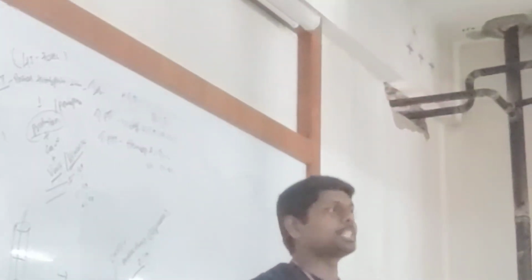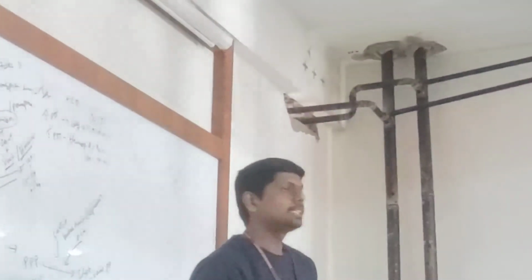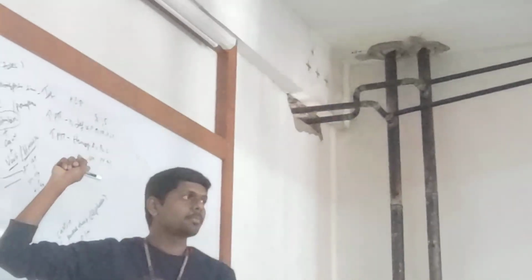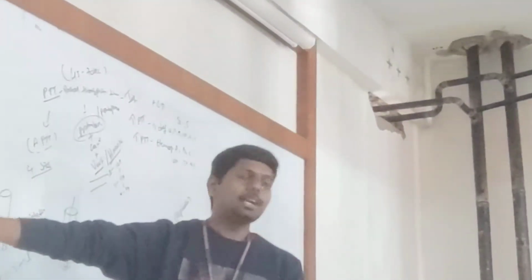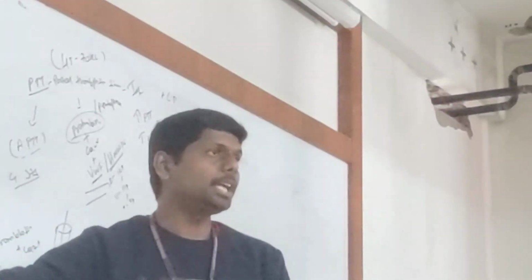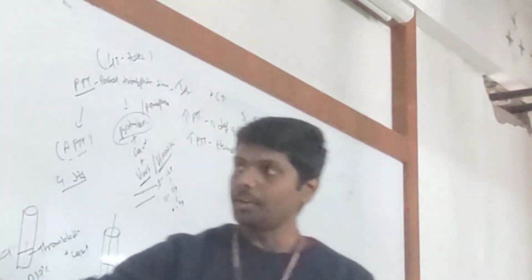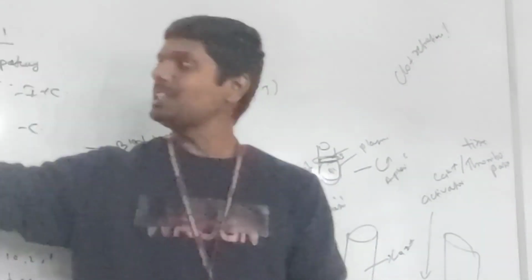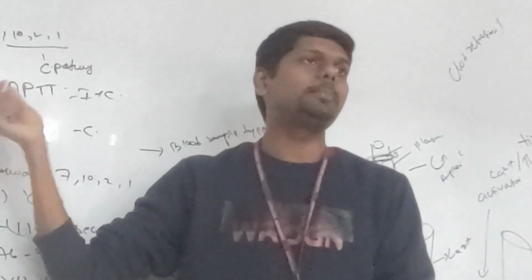Partial thromboplastin, commercially available as cephalin. Normal time of partial thromboplastin is 45 to 70. And PT? 11 to 16. You can easily understand why the time is less, because fewer factors are involved here. Whereas here more factors are involved, so more time.